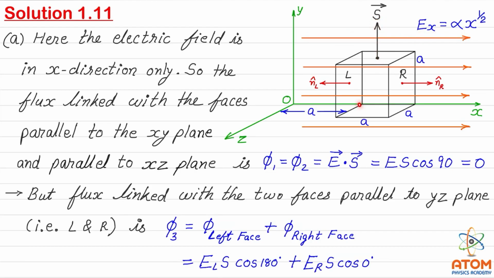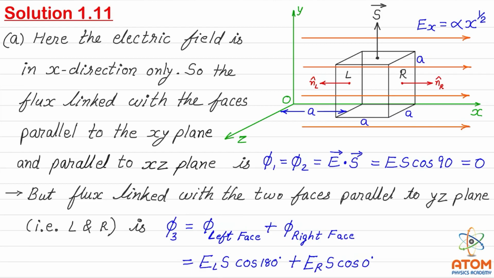The same will happen for the bottom face also. This is the bottom face. So, the area vector S will be perpendicular to the electric field there also. The same will happen for all of these four faces.